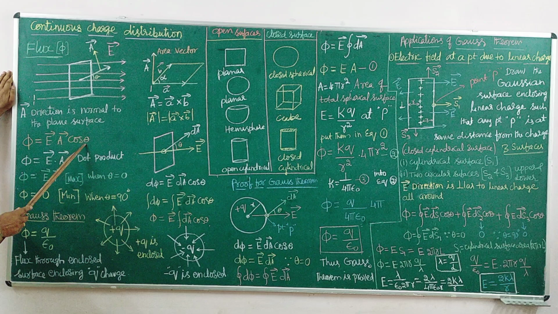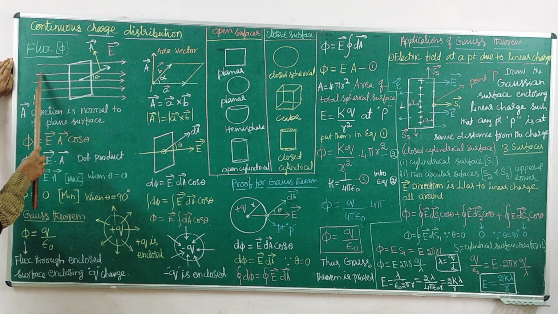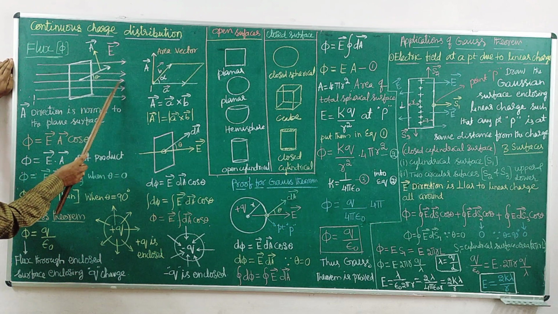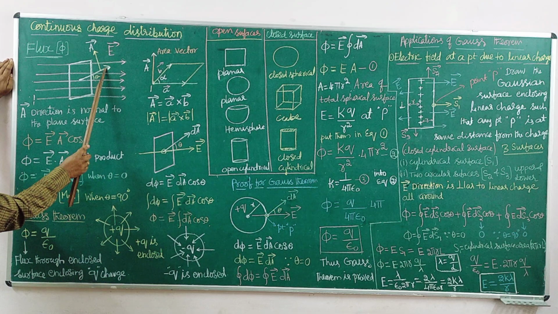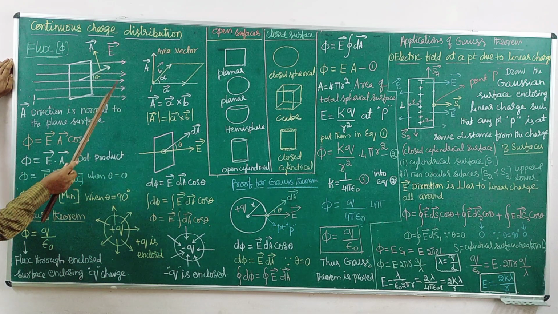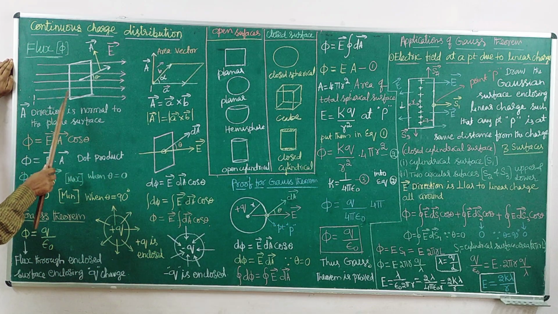The angle between the two vectors, vector E and vector A. Vector A direction is always normal, that is perpendicular, to the plane of the surface, and it is placed in the electric lines like this. So this is the direction of the electric field, and this is the direction of the area vector. They may be different or the same. It depends on the alignment of the plane with the lines.